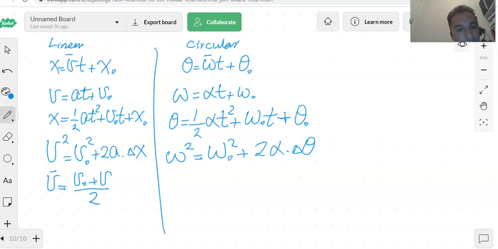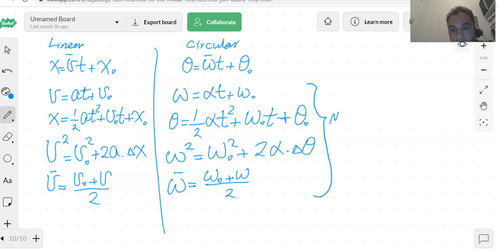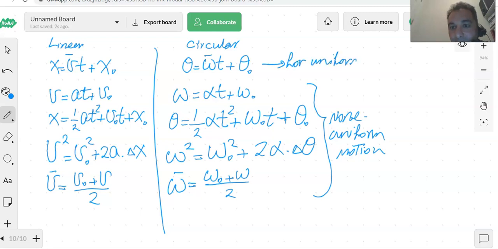Average velocity is initial velocity plus final divided by 2. Here we are going to have omega bar is omega naught plus omega divided by 2. These equations are for non-uniform motion. This equation is for uniform motion.